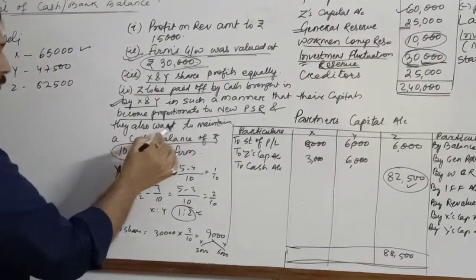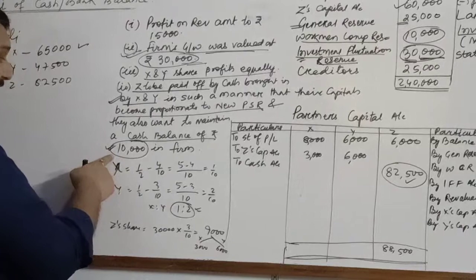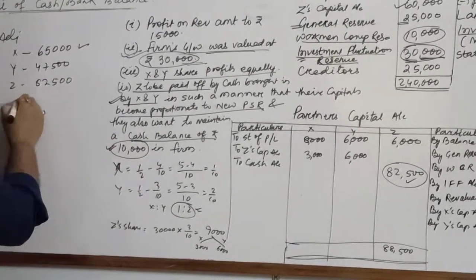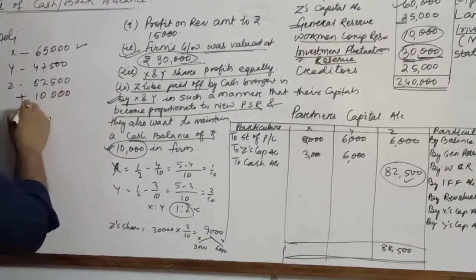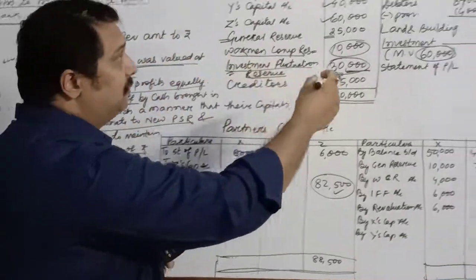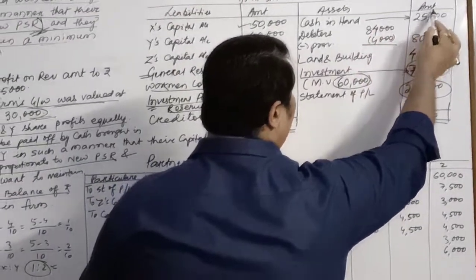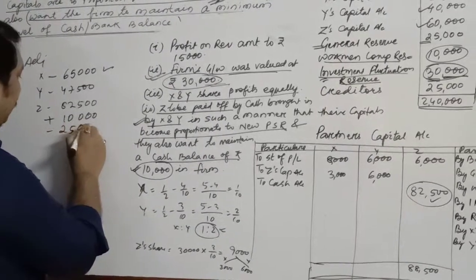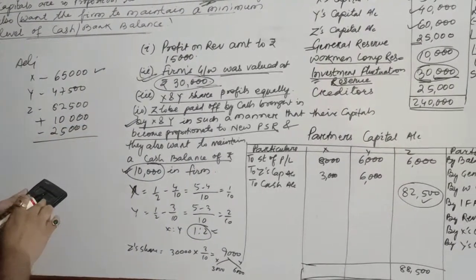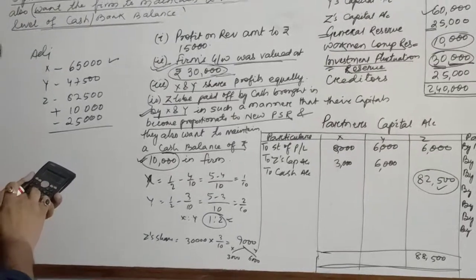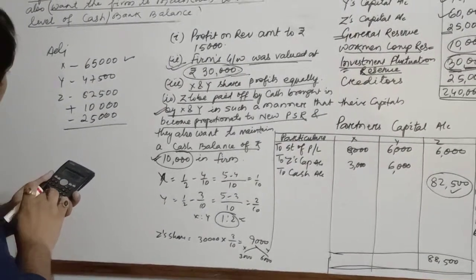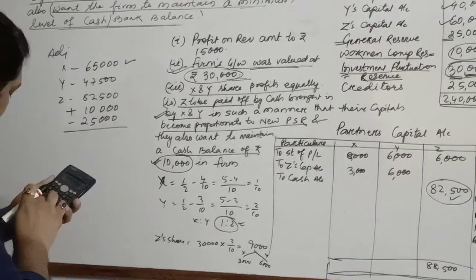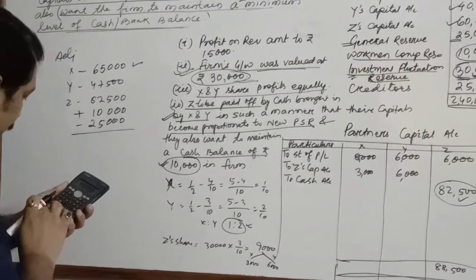Besides that, they also want to maintain a cash balance of 10,000. This is the cash which they want to maintain in the new firm. So we will add 10,000 and subtract whatever was shown in the balance sheet. See over here, the cash is shown rupees 25,000. So we will subtract this 25,000. After all these plus and minus, we are left with 65,000 plus 82,500 minus 25,000 plus 10,000.